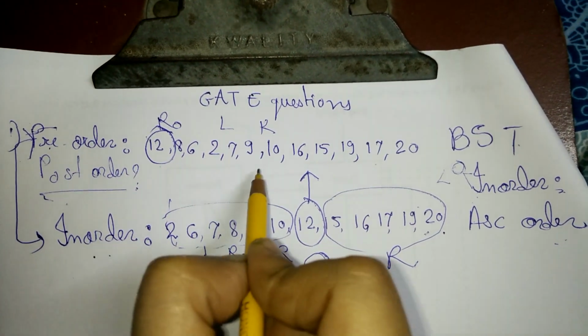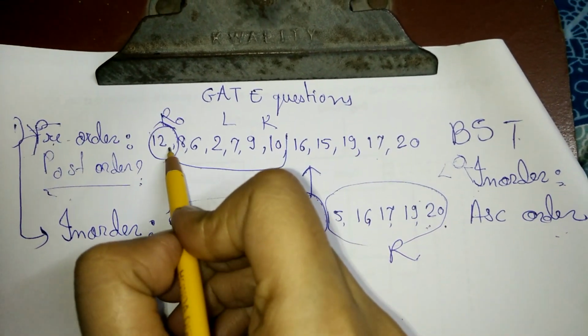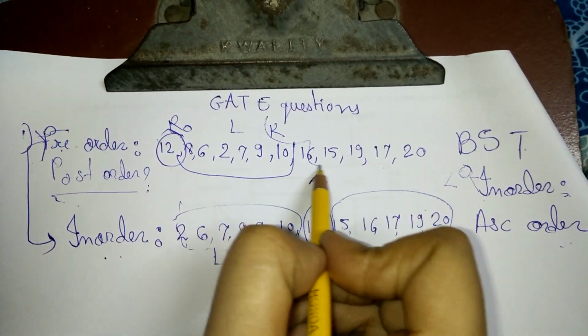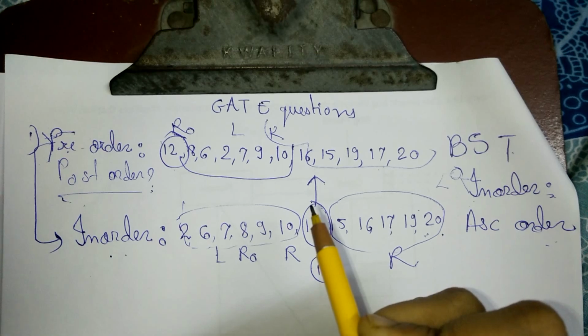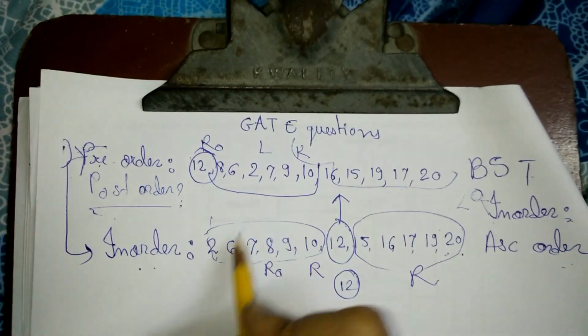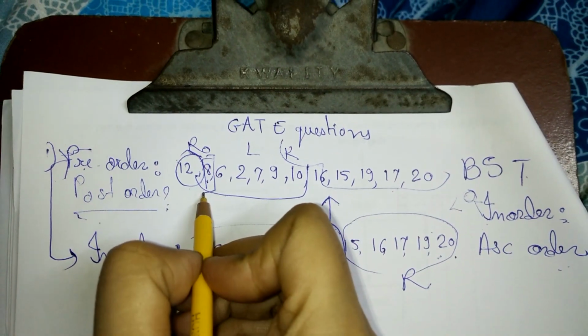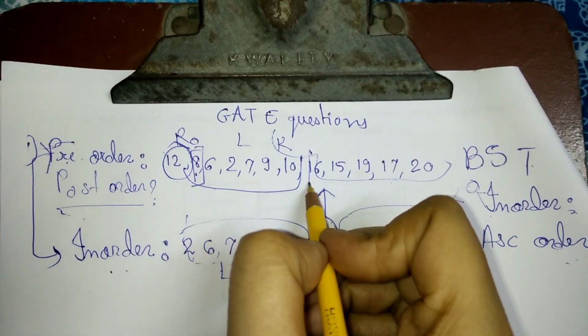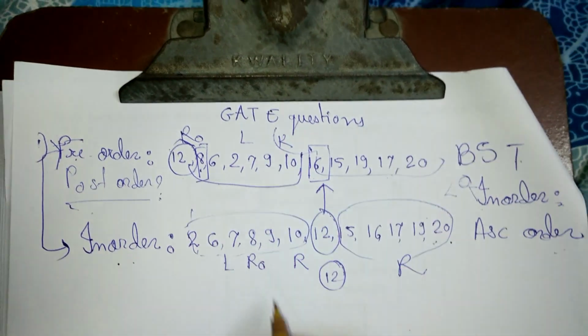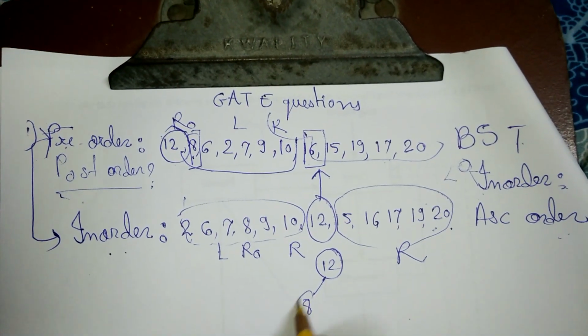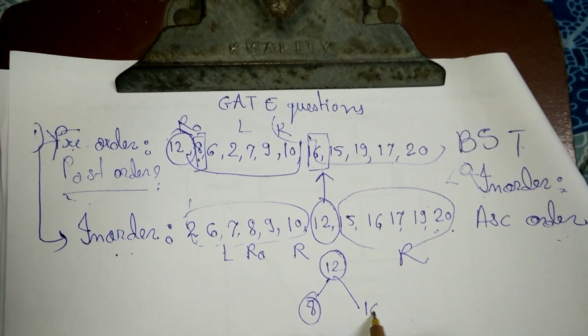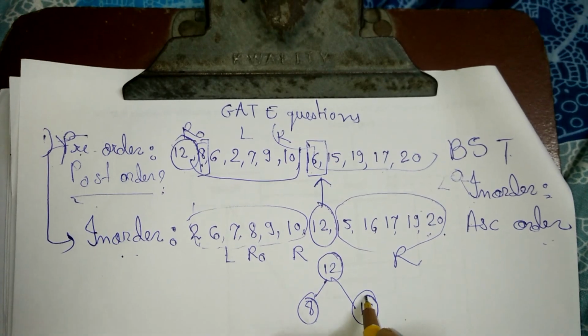So up to this is my left subtree, and from there I have the right subtree. Again, next we will go for the root. So this becomes my root, and for this one this becomes my root. So in left I am going to have 8, whereas on right I am going to have 16.